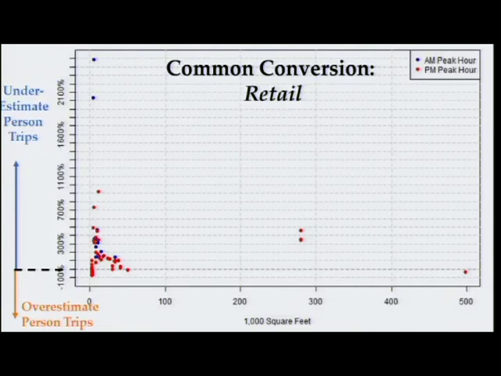But there's nothing in the methods that controls for economic success or potential of the neighborhoods. And so this continues to be a problem. What this is saying is, for all of these land uses, except maybe office, we're basically ignoring a ton of people that are coming to those sites. And because they're urban locations, those people are generally coming by biking and walking and transit, but we're ignoring them.